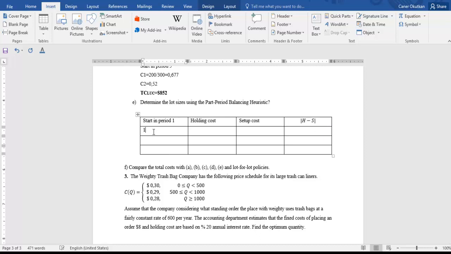Start in period 1, our holding cost 0, setup cost 200, 0 minus 200.